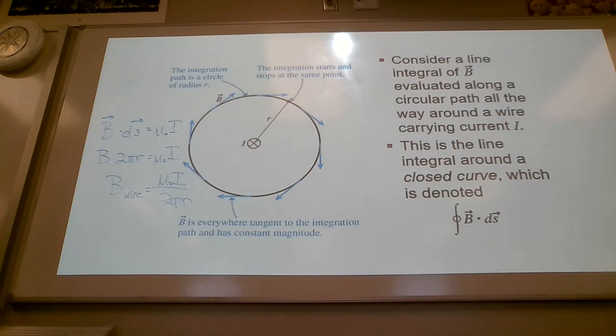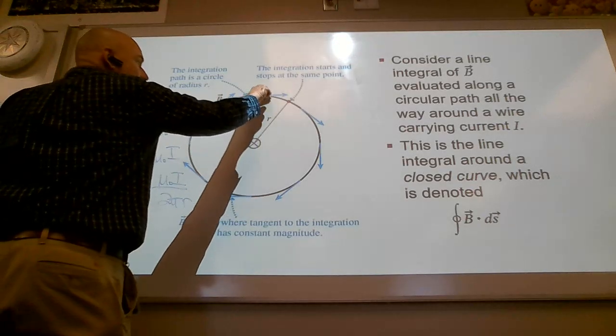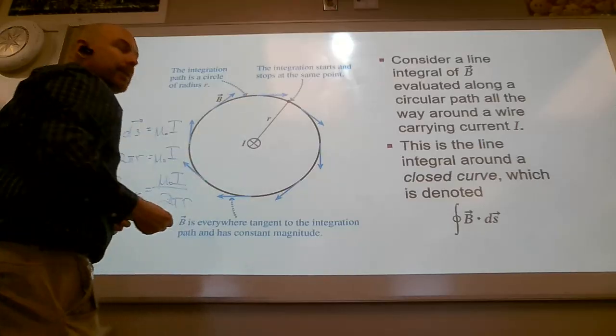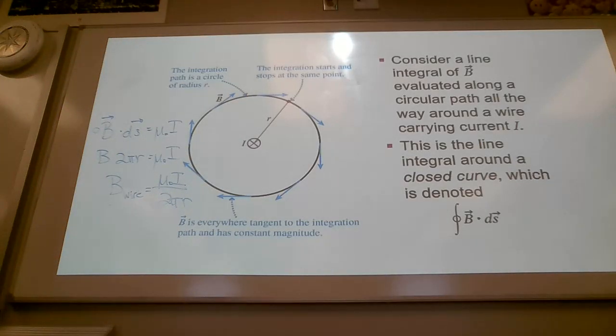From this, they do give you this, with an integral. And the magnetic field is parallel to the line integral that whole time. Every component is parallel, tangent to that path.